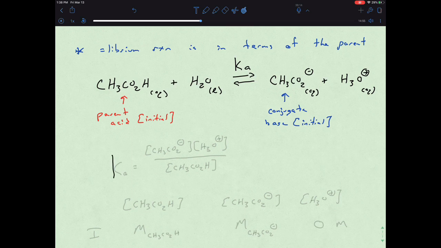So our Ka from the reaction above would be the conjugate times hydronium ion in the numerator all over our parent acid in the denominator. And so that would allow us now to set up our ice table.